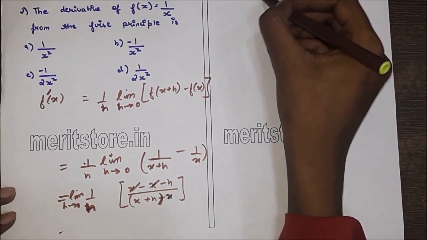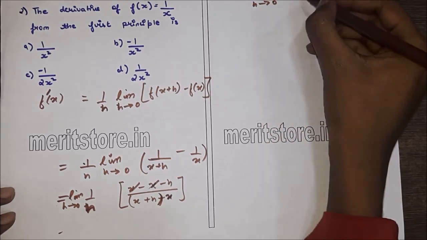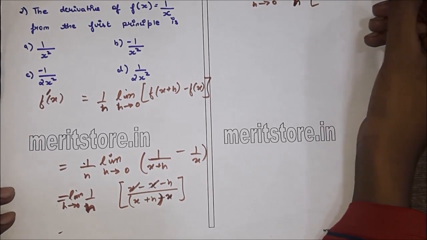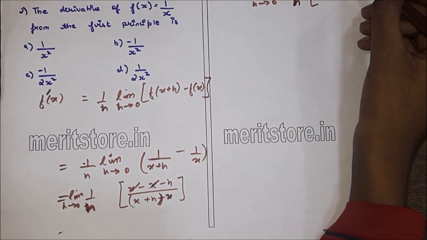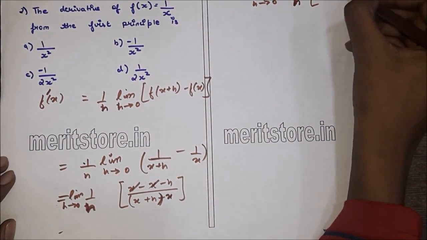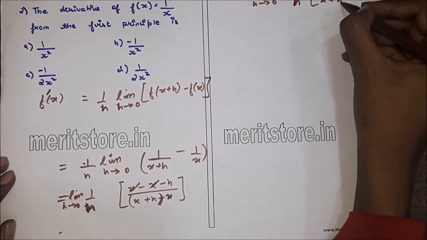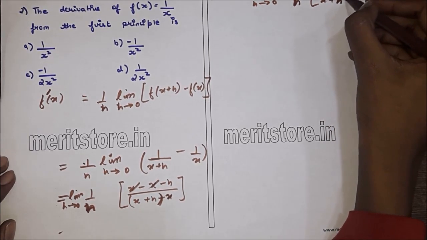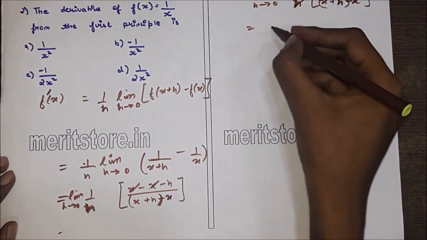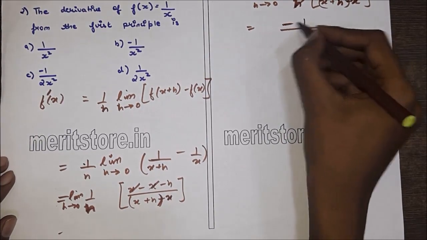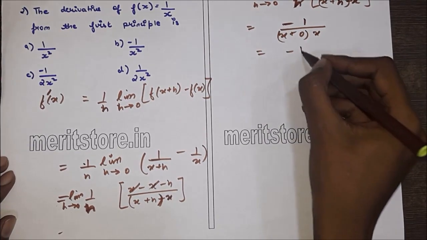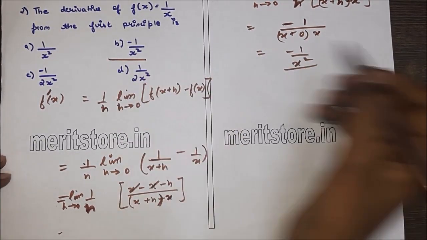We are left with limit h tends to 0, 1 by h into minus h upon x plus h into x. H gets cancelled and we put the limits, we get x plus 0 into x, that is equal to minus 1 upon x square, which is option B.